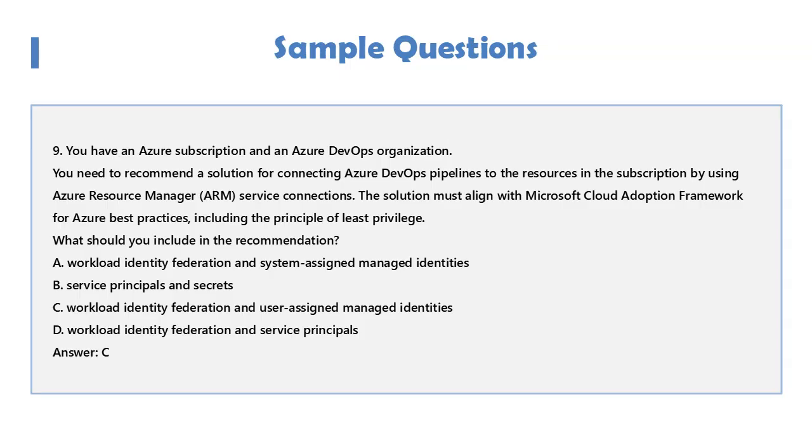What should you include in the recommendation? A. Workload Identity Federation and System Assigned Managed Identities. B. Service Principals and Secrets. C. Workload Identity Federation and User Assigned Managed Identities. D. Workload Identity Federation and Service Principals. Answer: C.